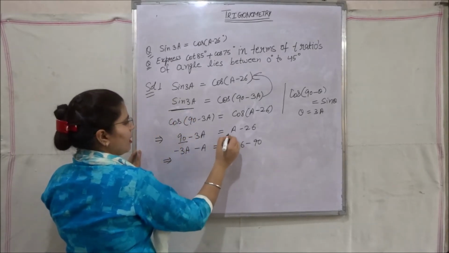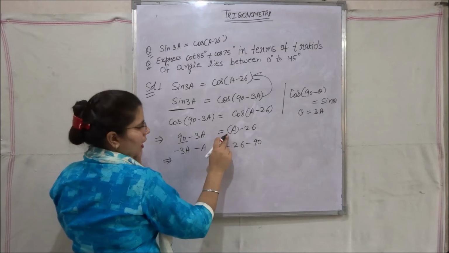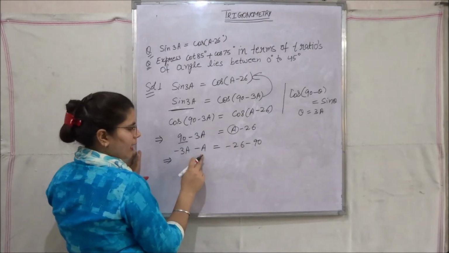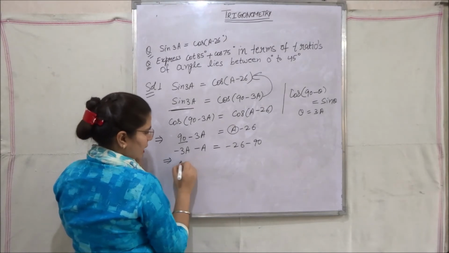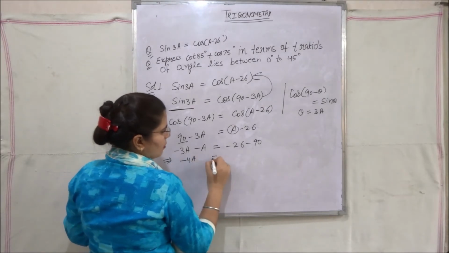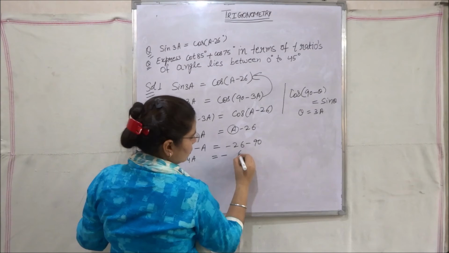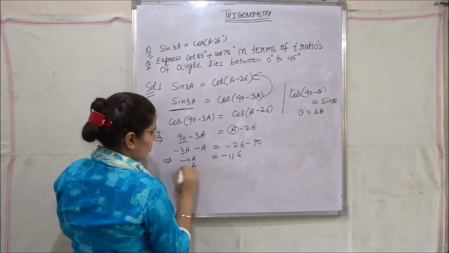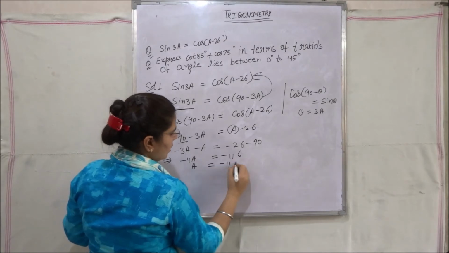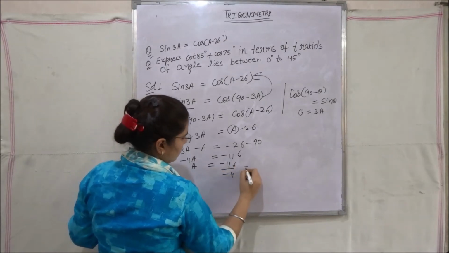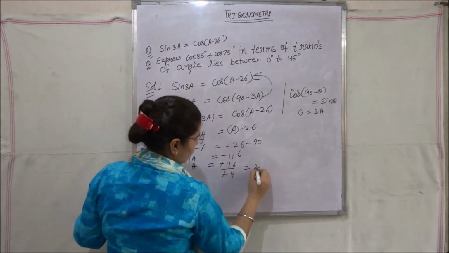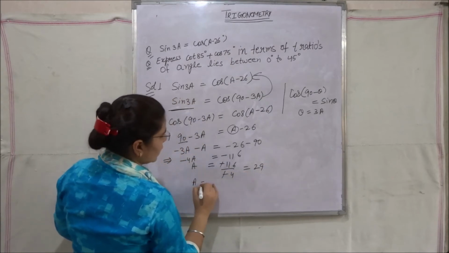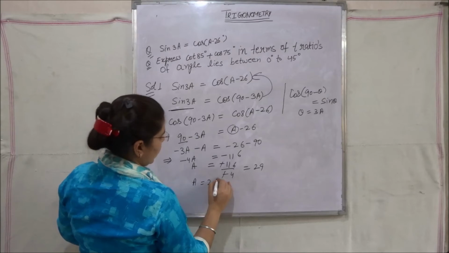In a similar way, here A is positive, so when we take it to the left hand side, it will be negative. 3A and A will be minus 4A. Minus 4A equal to minus 116. So after solving, angle A will be 29.